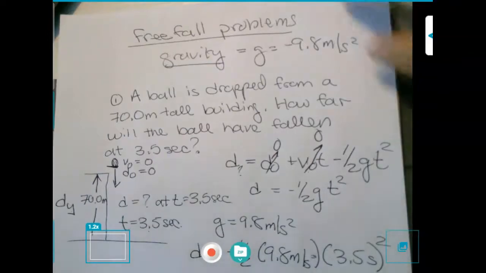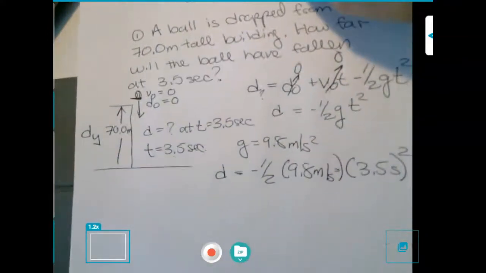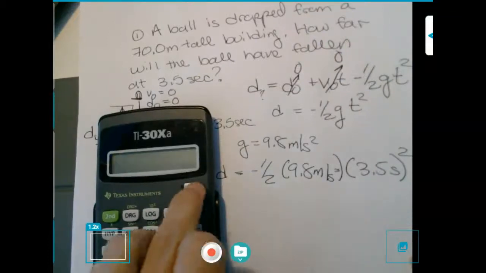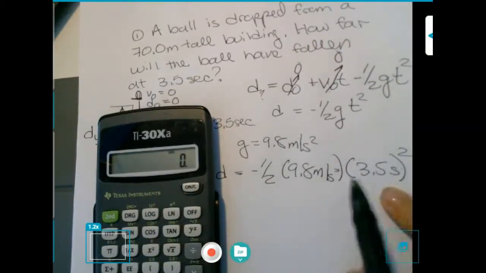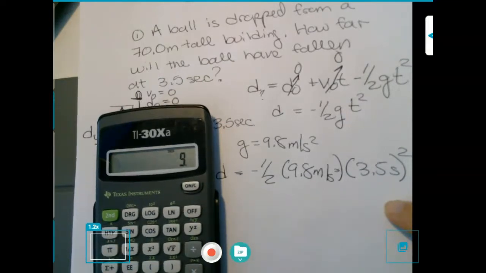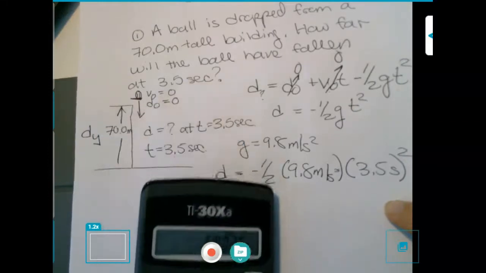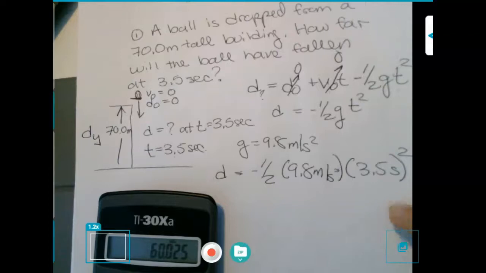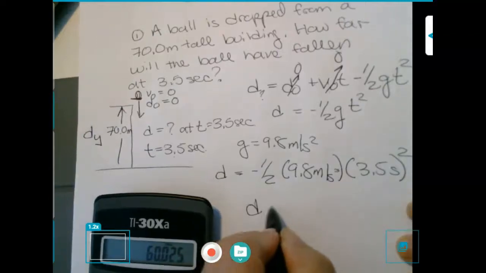So if you take the calculator, I always start with the highest order, which is the square. So I do 3.5 squared times 9.8, and divide by 2. I'm getting 60.025.